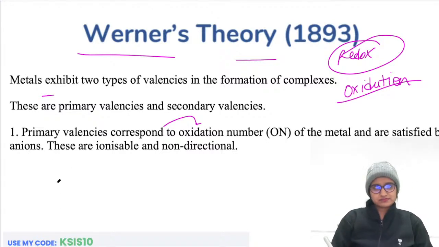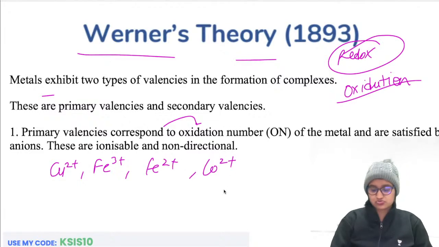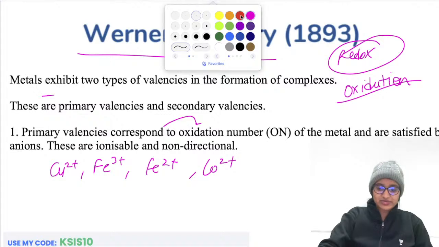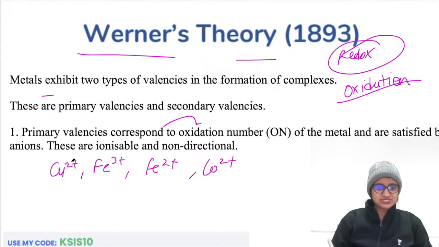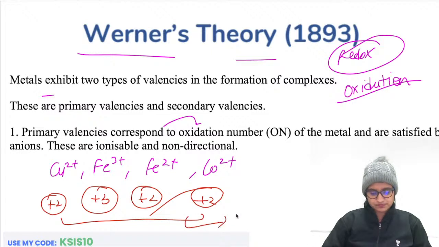So if your metal is Cu2+, or Fe3+, or Fe2+, or Co2+, the charge which is present on them is their oxidation number: +2 in this case, +3 in this case, +2, again +2. These are nothing but oxidation numbers.